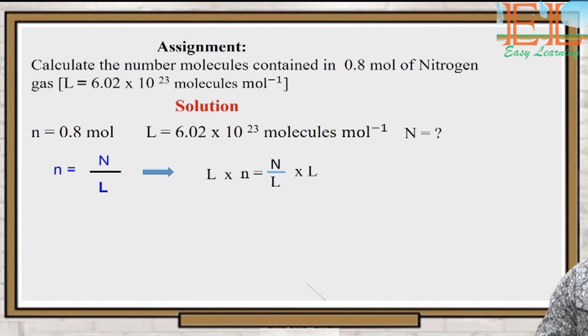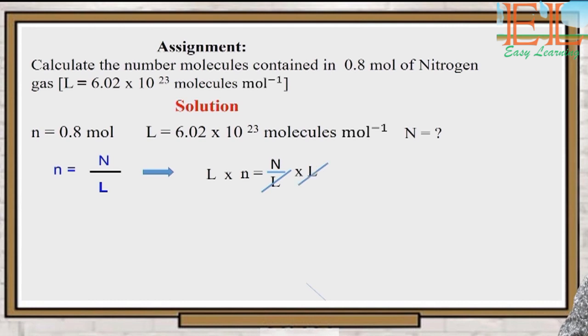Now you can see that we have uppercase L as a numerator and as a denominator in one arm of the equation. So they can cancel out. And the result will be uppercase N is equal to lowercase n multiplied by L. Let's substitute our values.